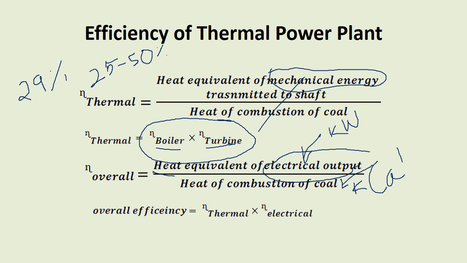The overall efficiency is the product of the thermal efficiency and the electrical efficiency. We will check a numerical on this, and then end the first part of this unit.